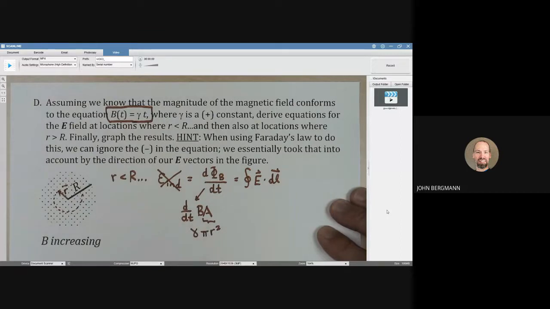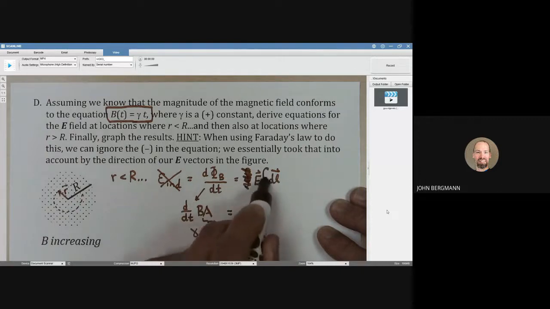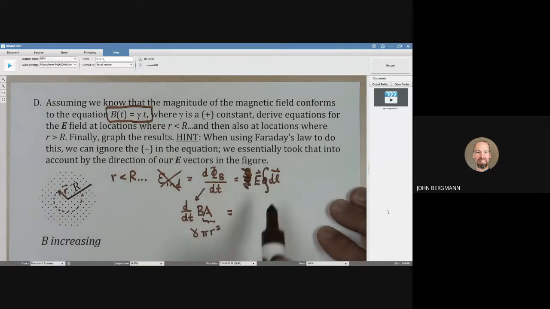The left side of this equation looks like gamma pi r squared, and on the right, at every point that is equidistant from the center, an r distance away, this electric field has the same magnitude, which means that it is a constant and can be moved outside the integral. And now we're just going around the circle. What we have on the right side is E times 2 pi little r.